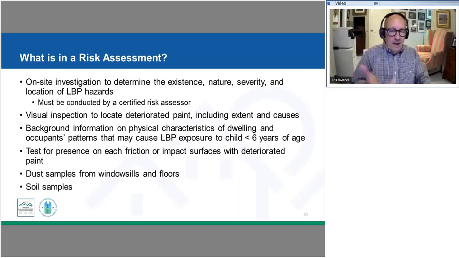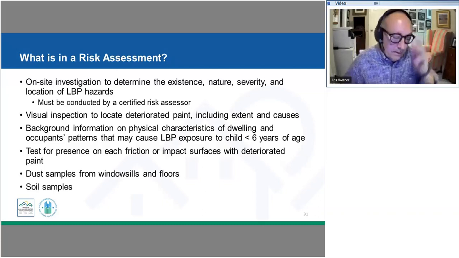We mentioned bare soil, but also looking for lead dust and other evidence that we have potential lead hazards. But that risk assessment will also include testing for the presence of lead-based paint, as we talked about, using either the XRF machine or removing samples and sending them off.